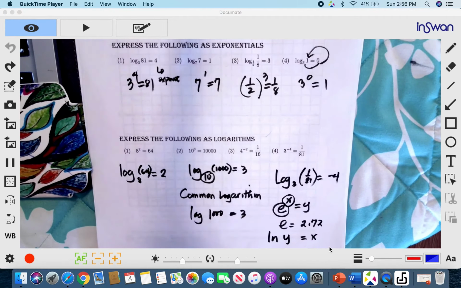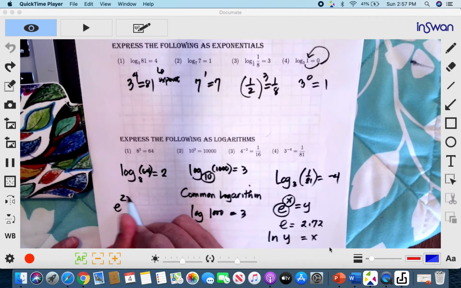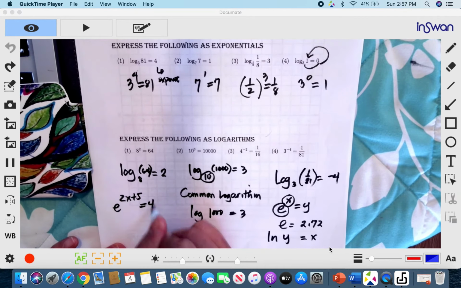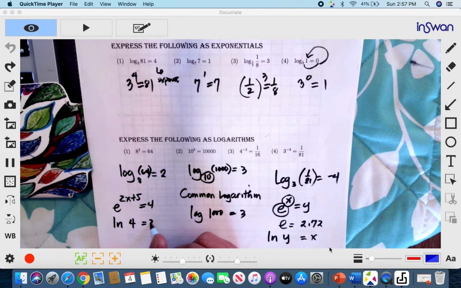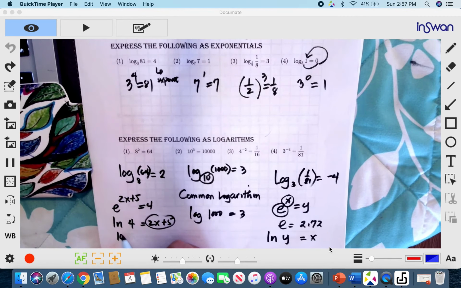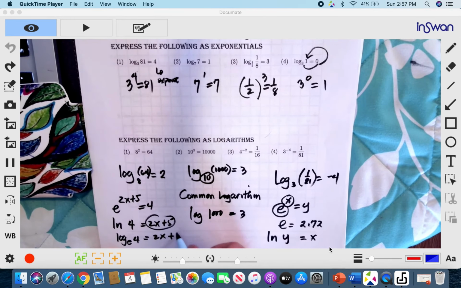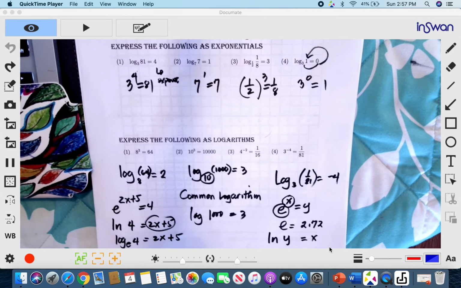And you are trying to find the natural logarithm of y. So if you have e raised to 2x plus 5 is equal to 4, that means logarithm of base e of 4, and our exponent is 2x plus 5 because this is the exponent. It's also the same as writing it this way, but it's always fitting to write it as natural logarithm of 4 is equal to 2x plus 5.